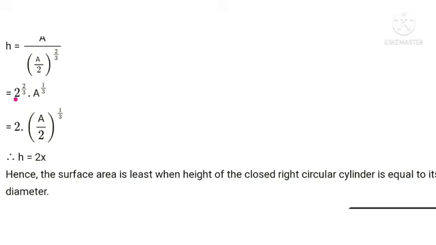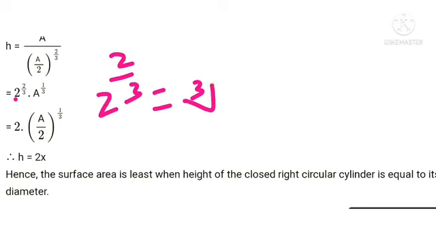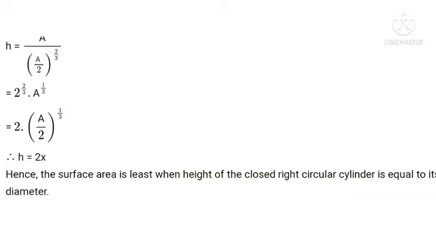See here, 2 raised to 2 by 3 means cube root of 2, its square. The cube roots get cancelled, and cube root of 2 squared means cube root of 2 into cube root of 2. You get 2 upon 2 raised to 1 upon 3. Hence h is equal to 2x.